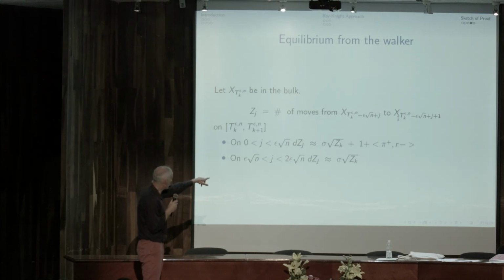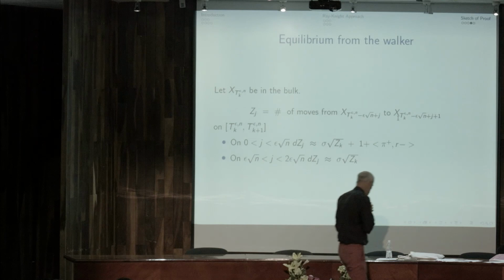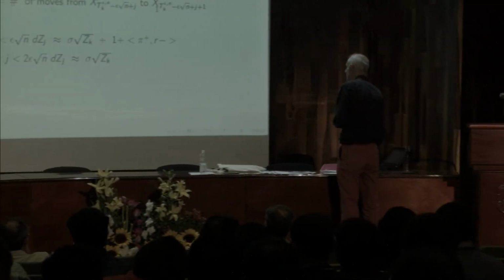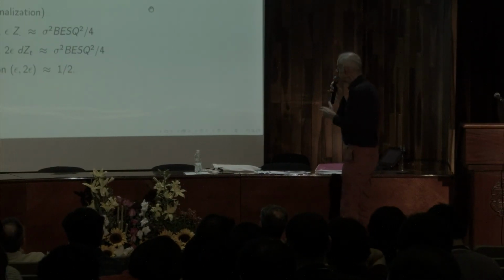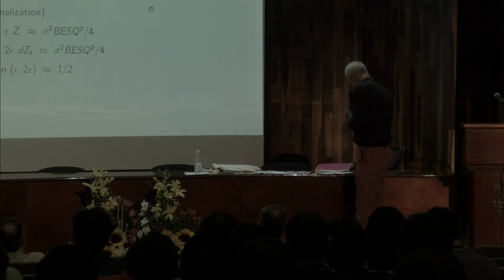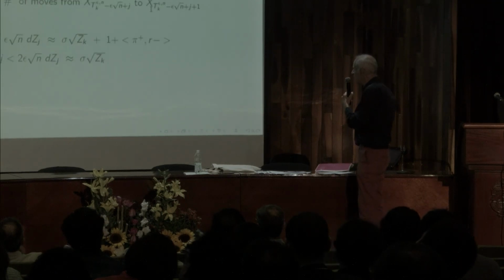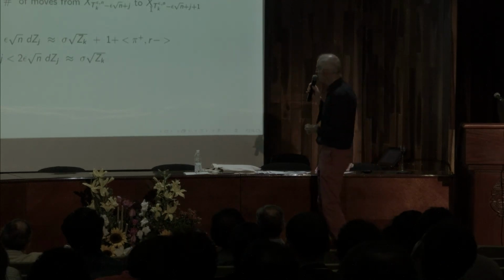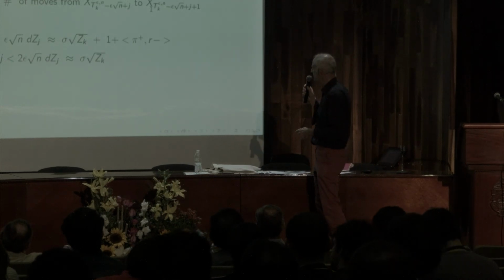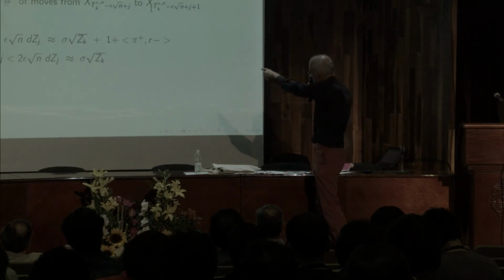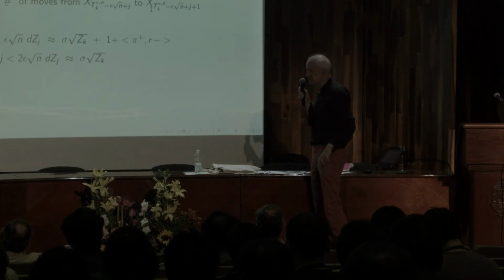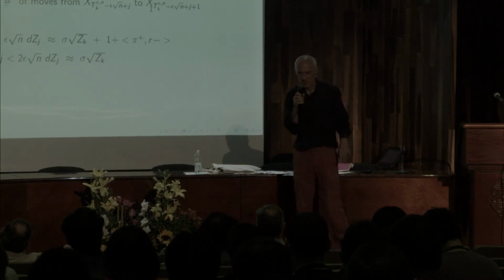And then after that, once you cross your initial site, the local time is going to behave like a multiple of a Bessel squared 0 process. So, I'll just flip back, if you look at these values, the drift is 1 plus pi plus r minus, and the multiple there, the sigma, well, it's just some number.